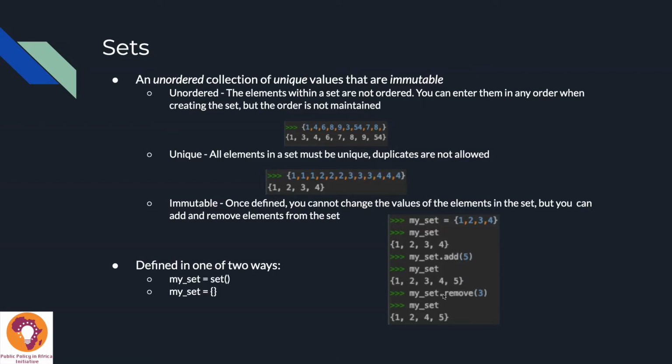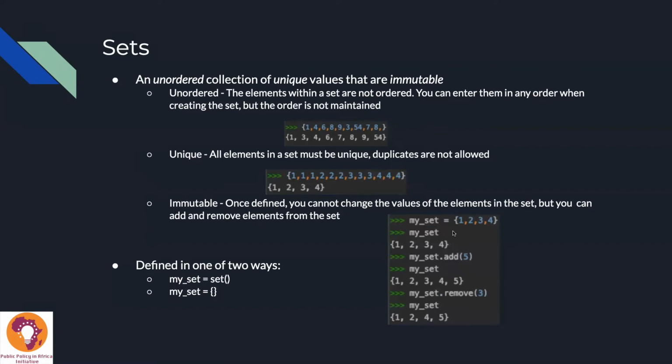And then I can do my set dot remove. So again, remove is another method on the set. Using dot notation, I'm calling remove on my set. So my set dot remove, and then the parentheses, and the value I want to remove from my set is the value 3. So now when I output my set, 3 is no longer in my set. But because there's no order to sets, there's no way for me to actually reference the individual values in these sets.